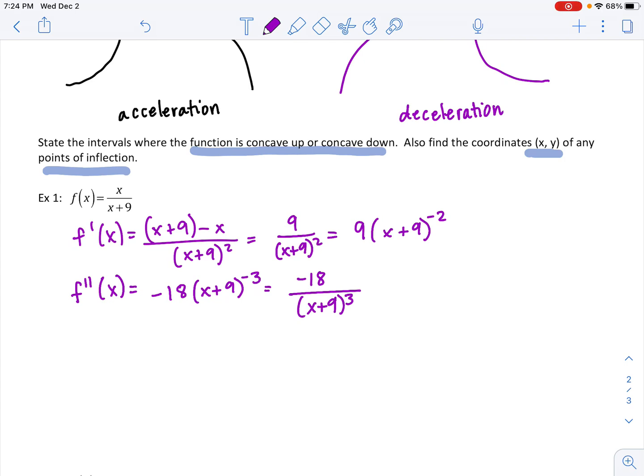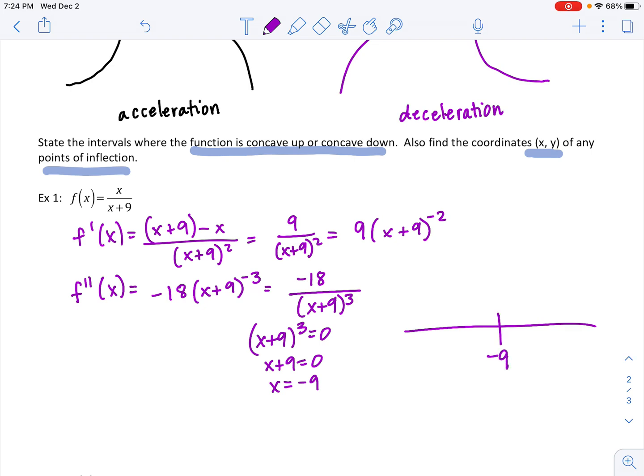And what we would do, just like when we make a first derivative sign chart, is set the top equal to 0, the bottom equal to 0, and then test values. I can't really set negative 18 equal to 0, so I'm just going to set the denominator equal to 0. And truthfully, if we cube root both sides, all I really need to know is where x plus 9 equals 0. And of course, that gives me negative 9.